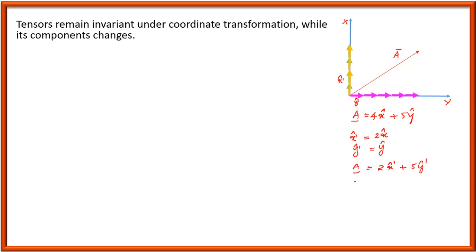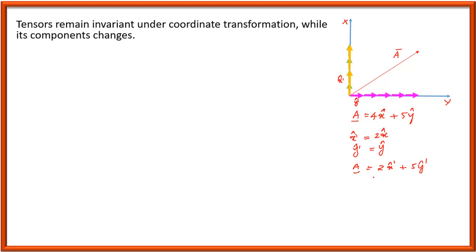Now you can see that when I have doubled my basis, my component has become half. That is, when I have multiplied 2 with my basis vector, my component has become half, that is from 4 to 2.